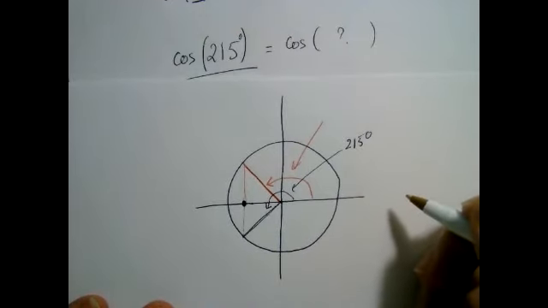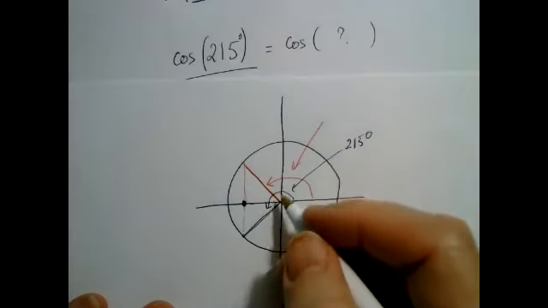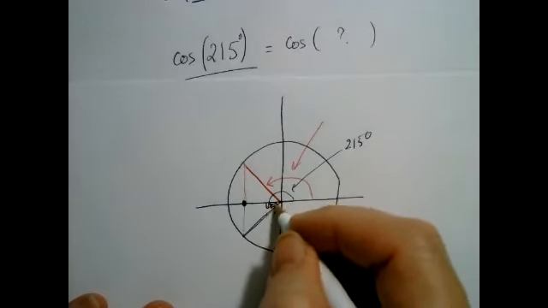I subtracted 180 from 215. Correct. 180 doesn't give you 145. 180 from 215 gives you 35, correct? Okay, so which angle does this give you? This one here? Correct.